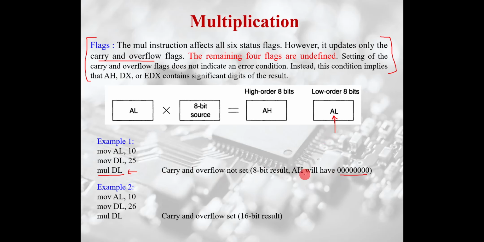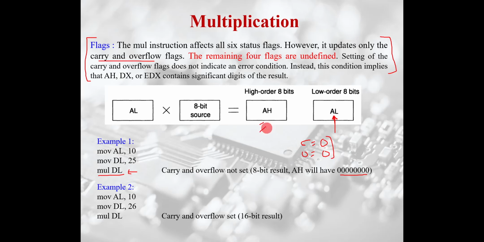Since the flag is dependent only on the AL register, the carry flag will be 0, and the overflow flag also will be 0, because this answer is 8-bit. So this gives me an indication that the AH register has not been utilized.